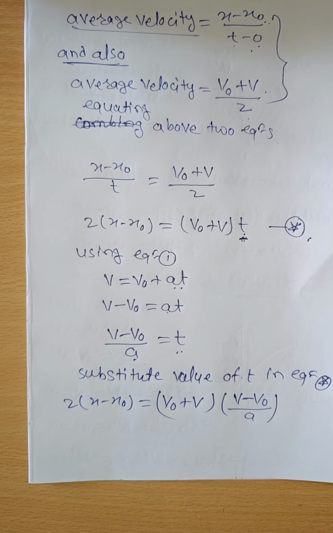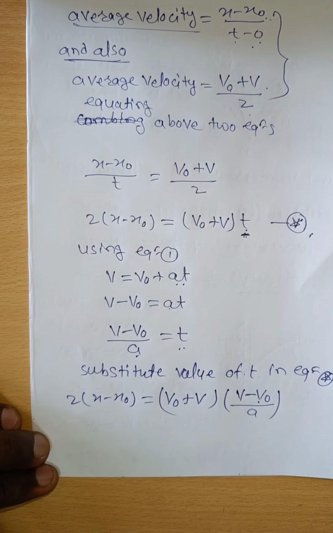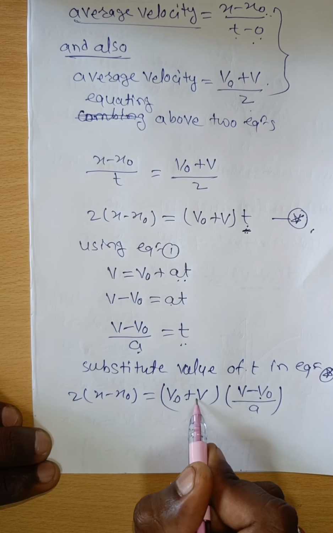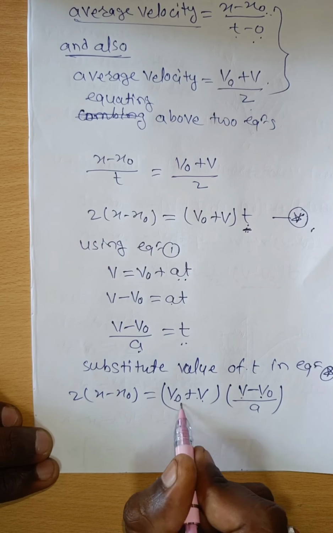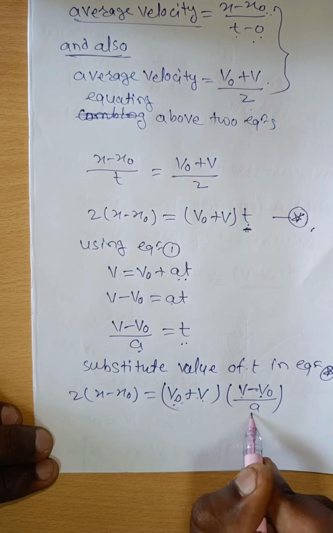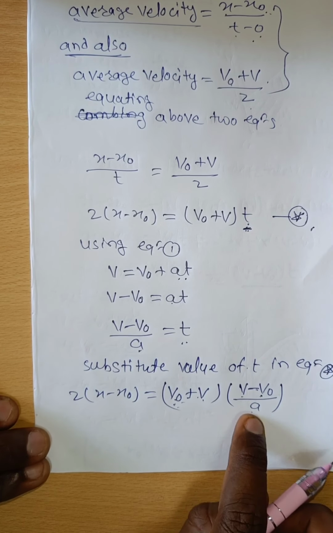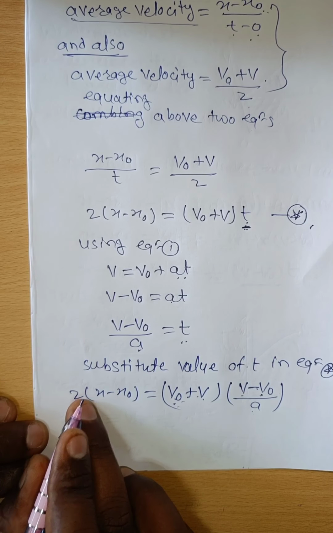In multiplication, you know the rule: numerator times numerator and denominator times denominator. The denominator is 1 into a, which is a. Taking a cross multiplication, it goes to the left side as multiplication.